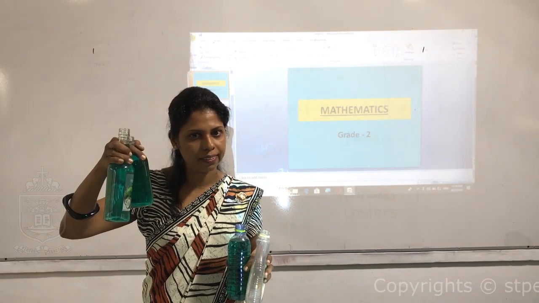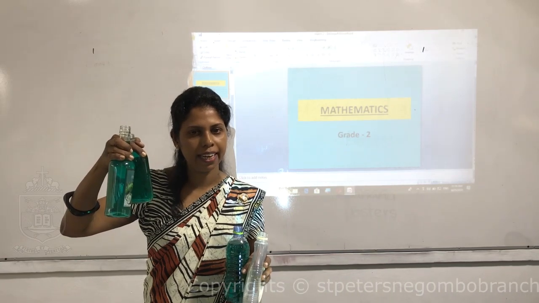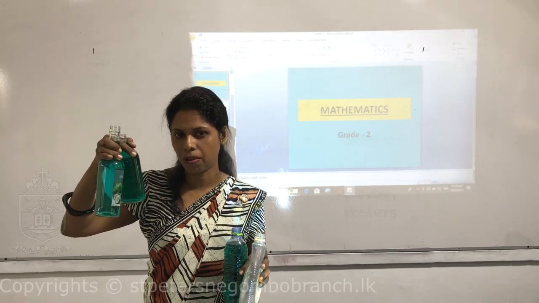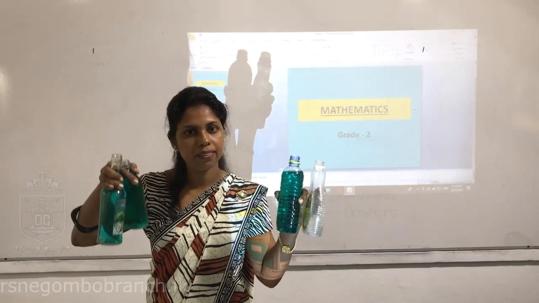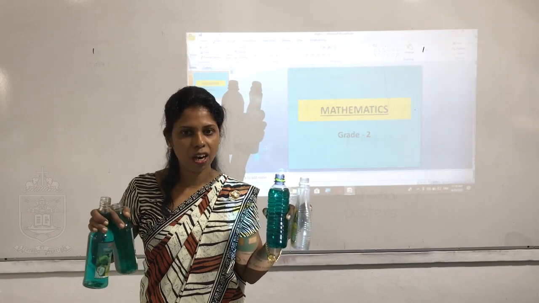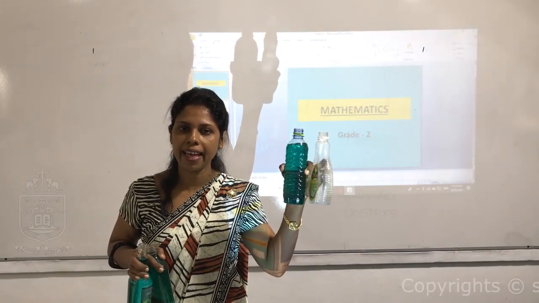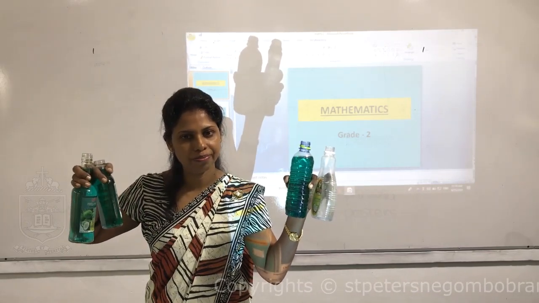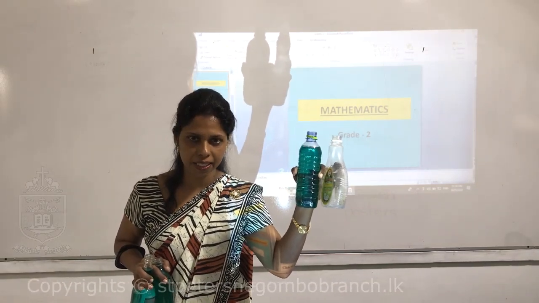These two bottles, the one bottle can hold 6 cups of water. 6 cups of water. These 7 cups, these 6 cups. So, out of these two sets, these two bottles have more capacity than these two because they hold 7 cups of water.